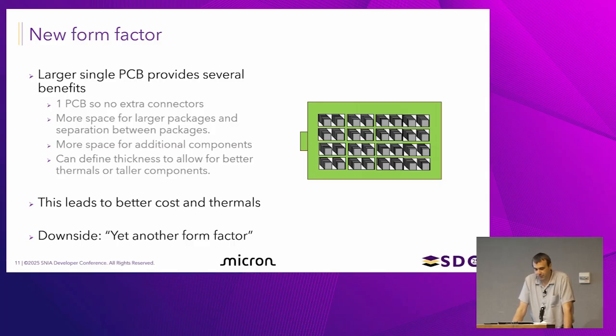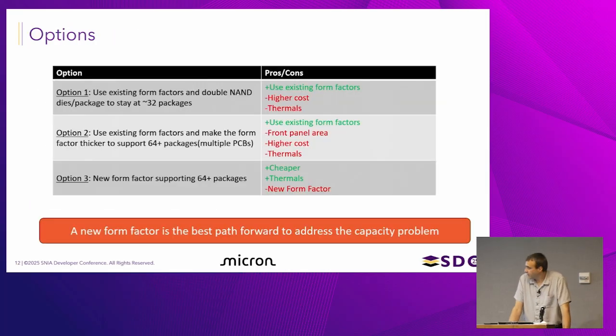And like I said before, this gets back to the title of this presentation, or maybe the working title of this presentation, which is yet another form factor. So kind of the options and just weighing them out. Engineers like to color things or grade things, and it ends up kind of being a little bit of spreadsheet math at the end of the day, but it kind of helped the decision making to say option 3 looked the better of the 3 options.